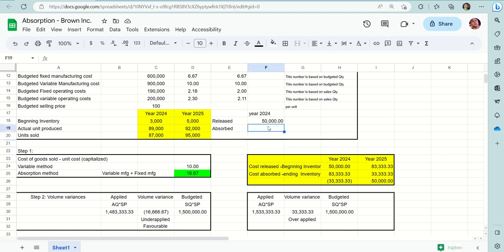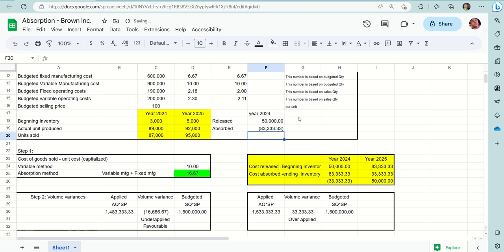So cost absorbed simply means that the fixed cost that we did not use with respect to 5,000 units that we couldn't sell, we forward to the next year. Okay, so that's what it means. And I can just simply change that to a negative sign over here.